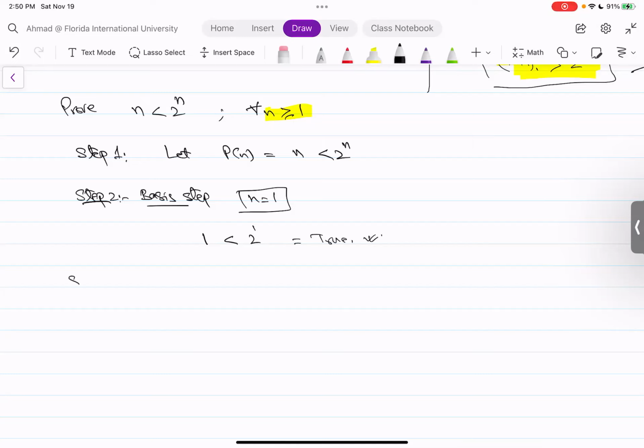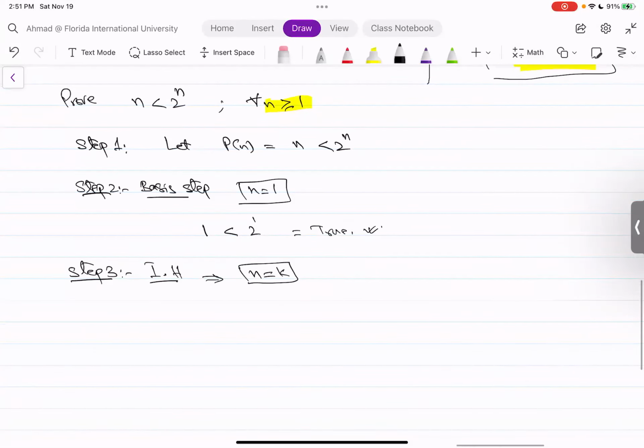Now my step number 3, which is the inductive step, where we set up the induction hypothesis. When we set up the induction hypothesis, we mean that we are going to solve it for n equal to k, for the kth value, right? So then assume k is less than 2 to the power of k for all k values which are greater than or equal to 1.